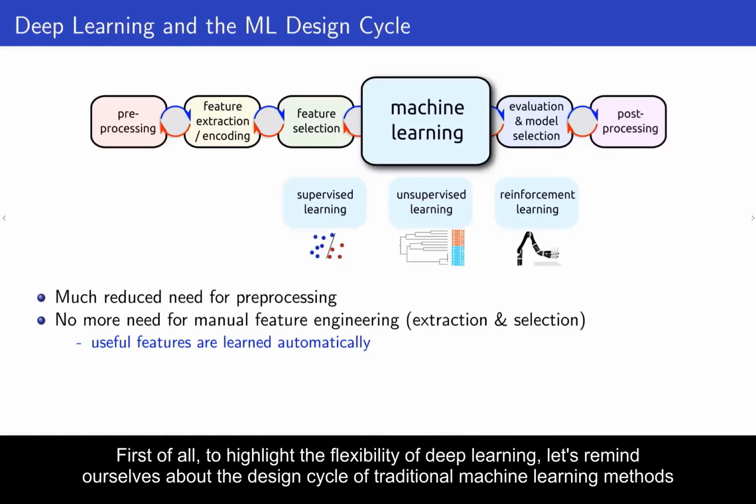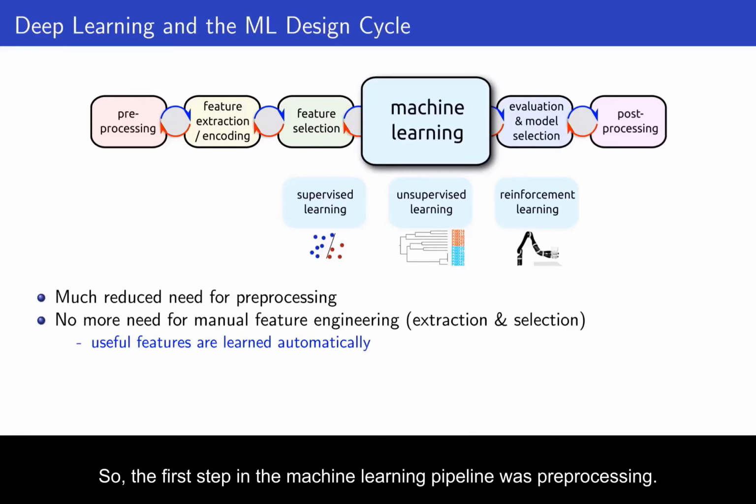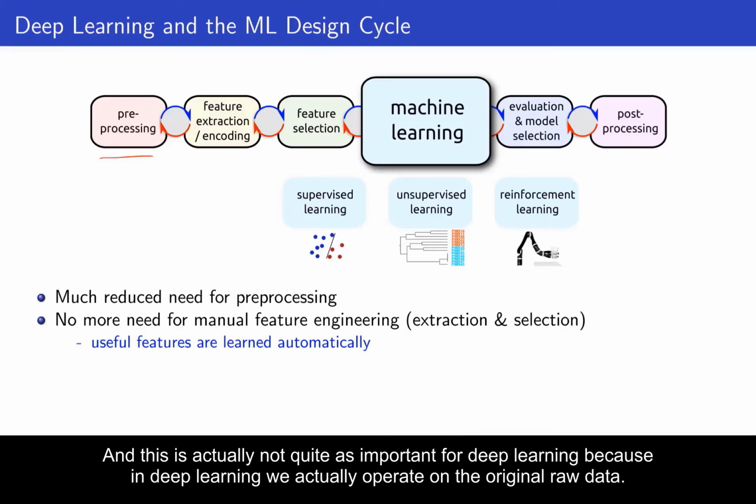First of all, to highlight the flexibility of deep learning, let's remind ourselves about the design cycle of traditional machine learning methods and see how that relates to deep learning. So the first step in the machine learning pipeline was pre-processing. And this is actually not quite as important for deep learning because in deep learning, we actually operate on the original raw data.